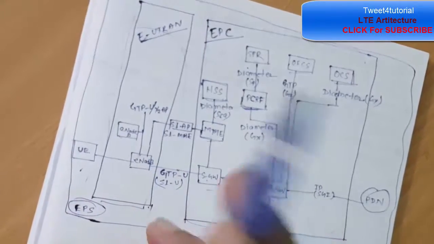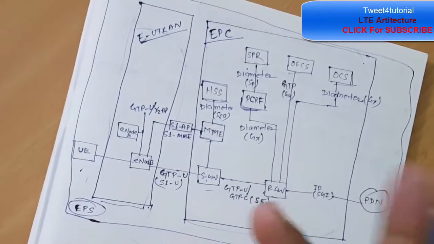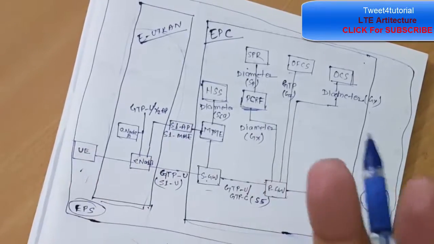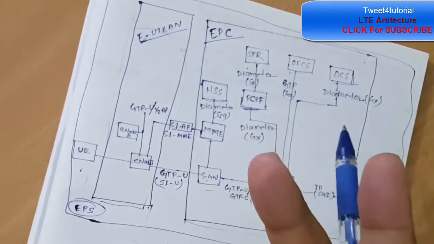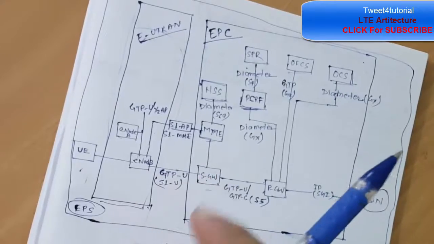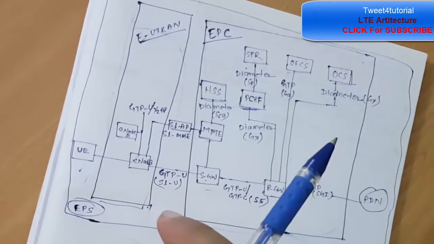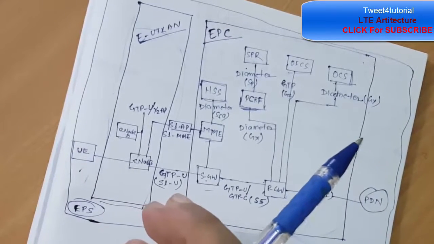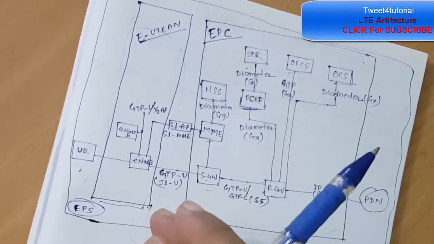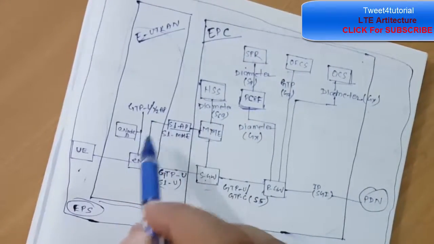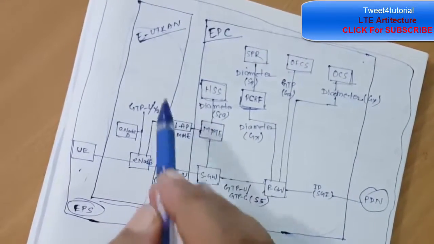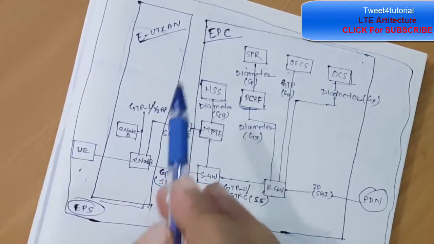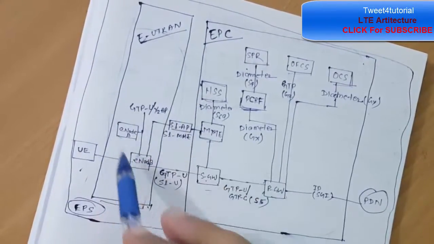The LTE entities are the UE and the eNodeB, where the UE connects to the eNodeB over the LTE-Uu interface, and the eNodeB provides users with the radio interface and performs radio resource management functions such as dynamic resource allocation and scheduling, eNodeB measurement configuration and provision, and also provides the functionality of radio admission control, connection mobility control, radio bearer control, and inter-cell interference coordination, ICIC also.